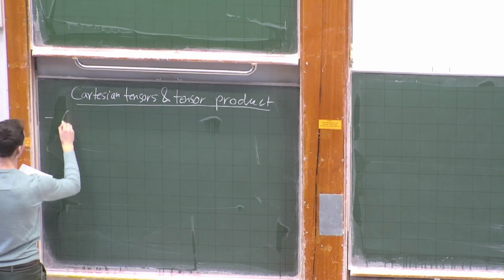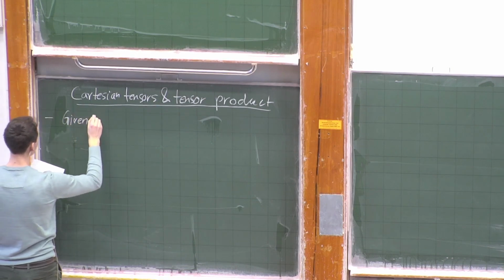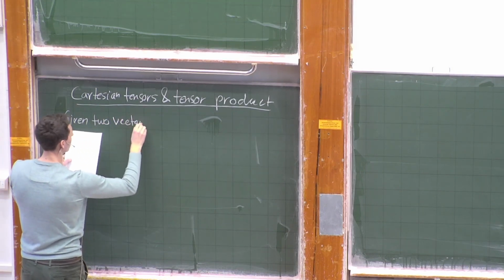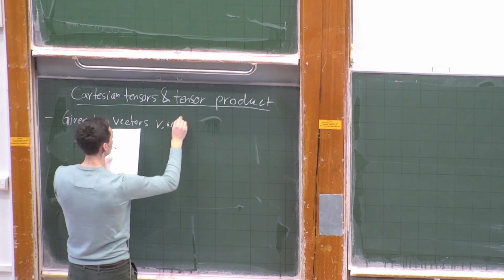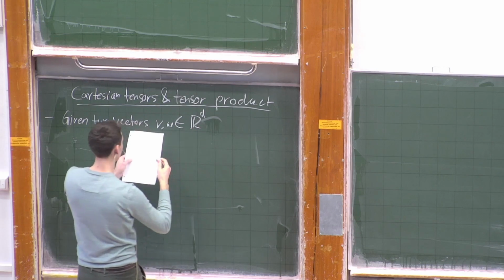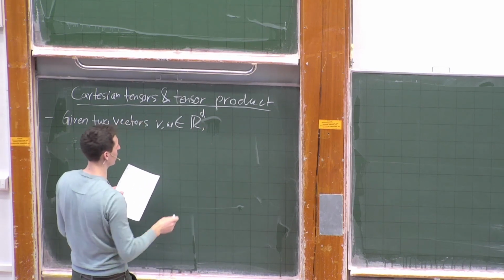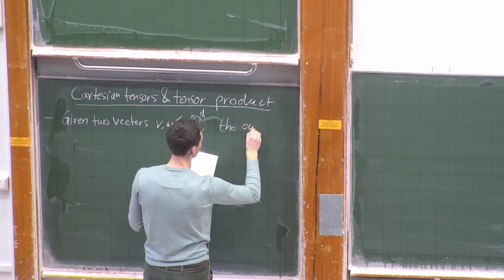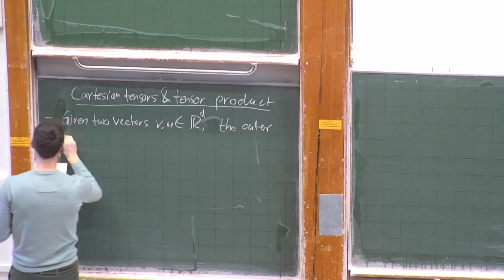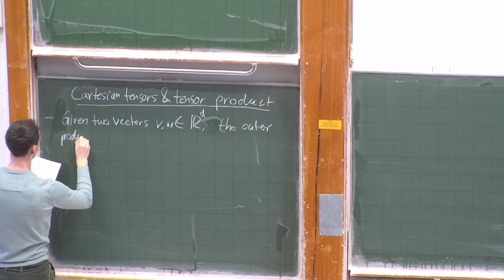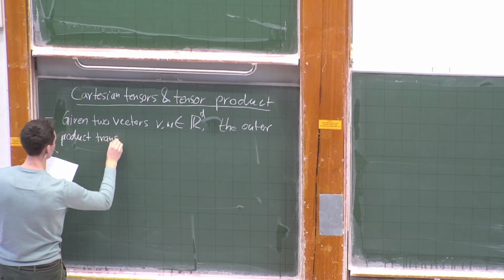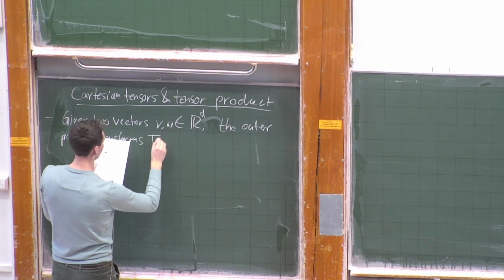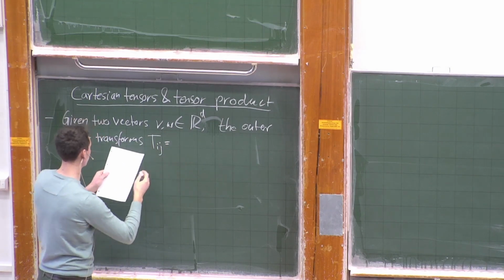So given two vectors V and W from the Euclidean space, the outer product will transform in the following way. Like this. So the outer product of two vectors in components, we can write it down like so.